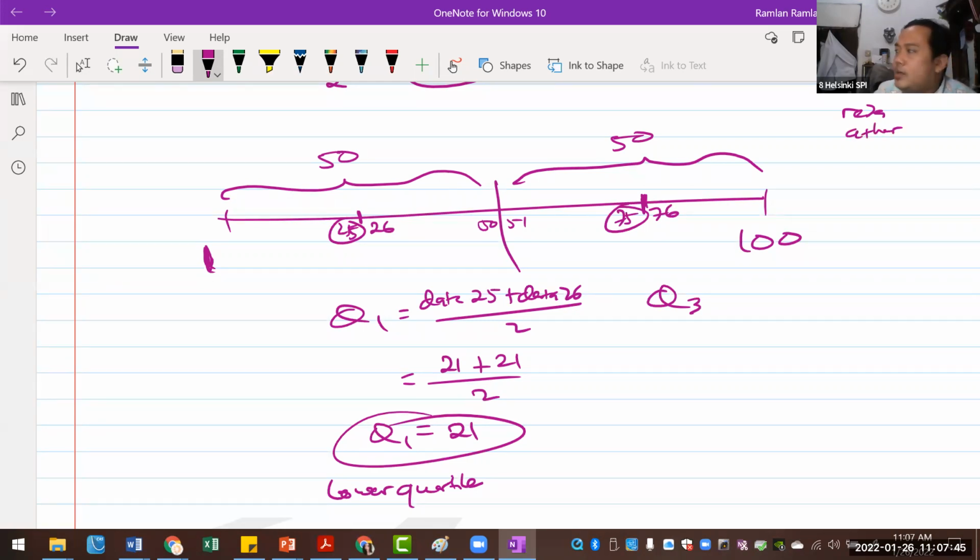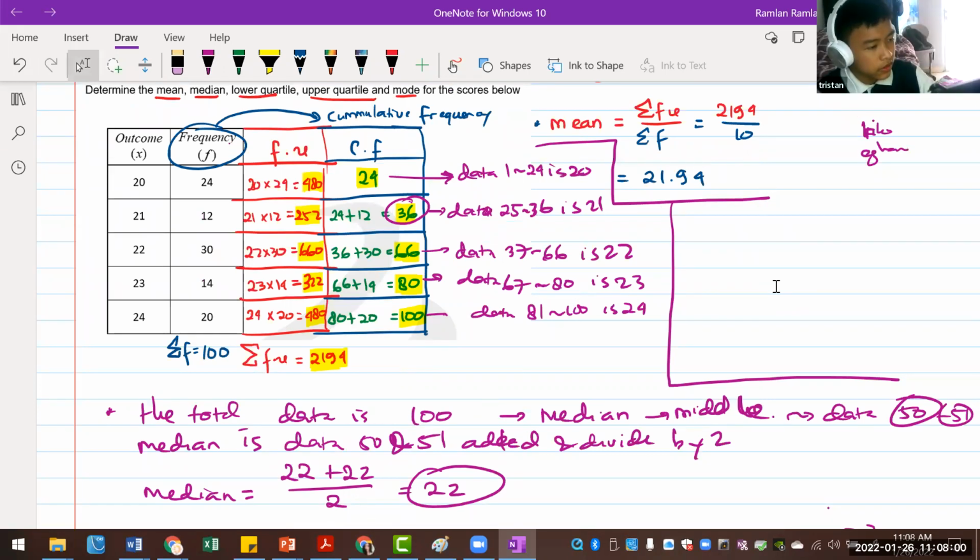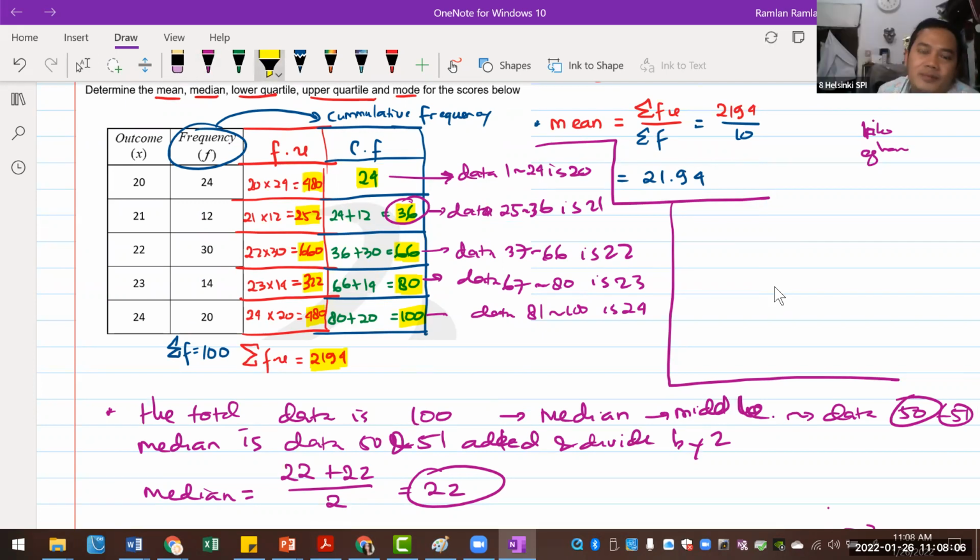Now, saya mau ke Tristan, what is the value of data number 75 and 76? Data number 75 and 76. Yeah, what is the value of data number 75 and 76?